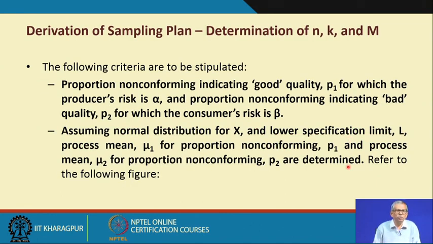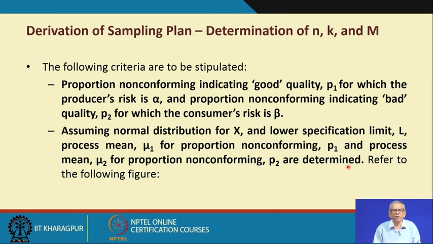So now you have understood the form 1 method as well as the form 2 method. Form 1 method is also referred to as the K method, and the form 2 method is also known as the capital M method. Now you have to design the sampling plan.